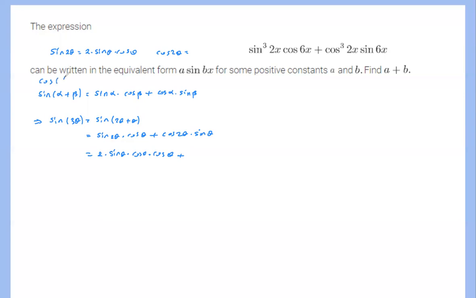Cosine of alpha plus beta was the cosine of the first angle, alpha, times cosine of the second angle, and minus, even though the other is a plus, this has to be minus, sine of the first angle times sine of the second angle. We prove this one by using the angle sum for sine, so you can take a look at that video as well.